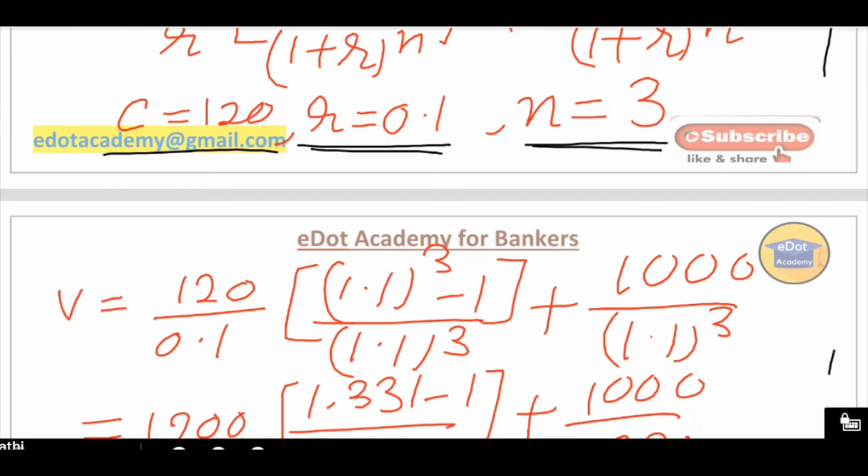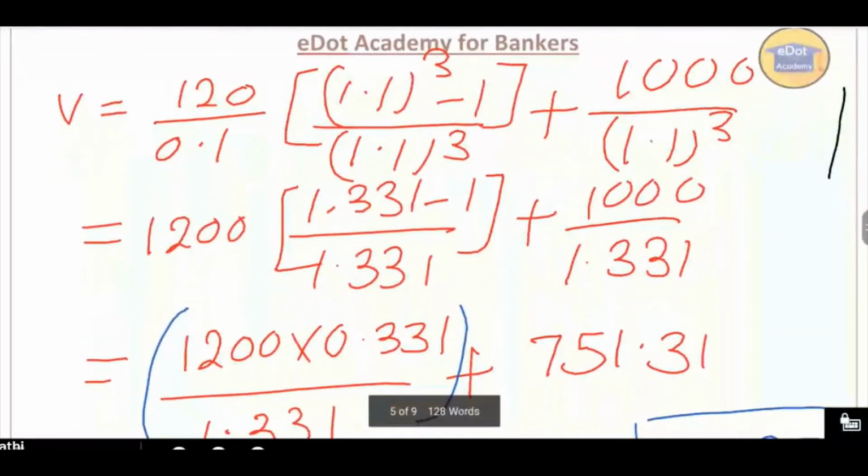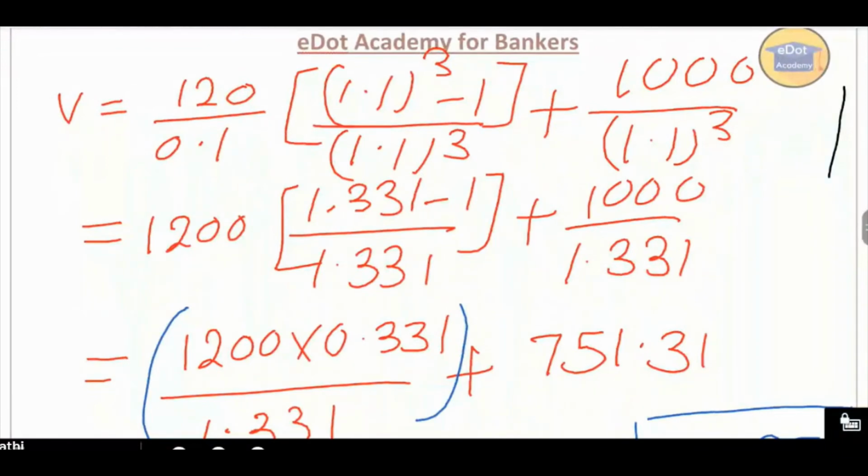Now you calculate everything. 1.1 whole cube is nothing but 1.331, minus 1. I put the value here, and 120 divided by 0.1 is 1200, I have put this value, and all values are put.